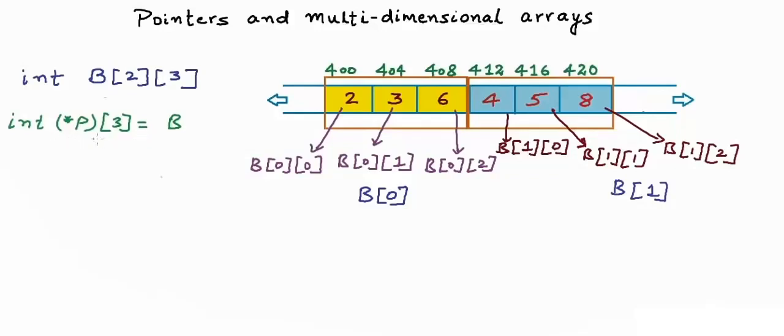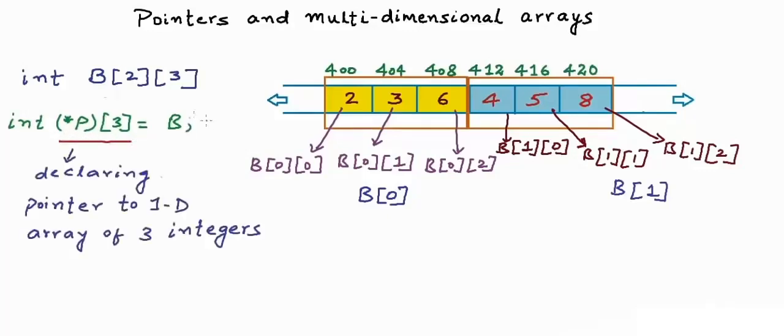In this statement I have declared a variable which is pointer to one-dimensional array of 3 integers, and the name of the variable is P. A statement like this is alright. A statement like this will not be alright, because B will not return a pointer to integer. B will return a pointer to one-dimensional array of 3 integers.